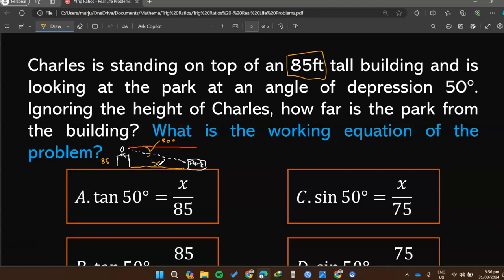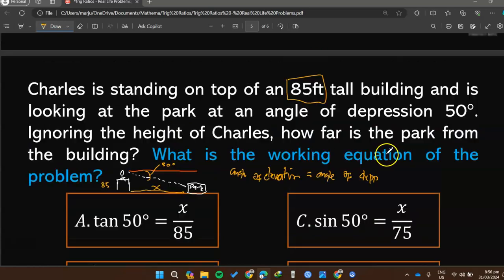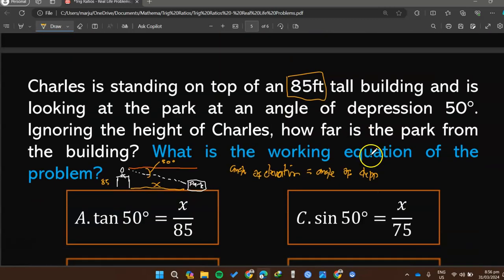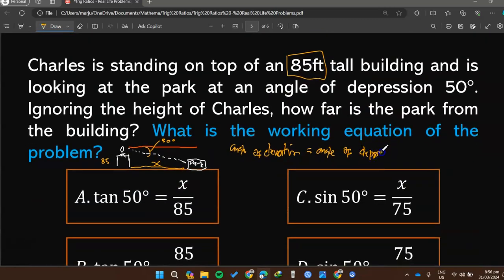Now, important to take note that the angle of elevation is equal to the angle of depression.